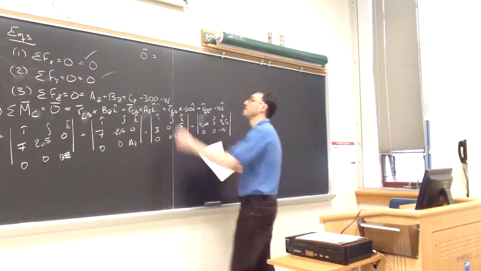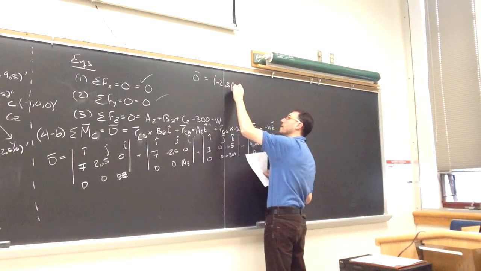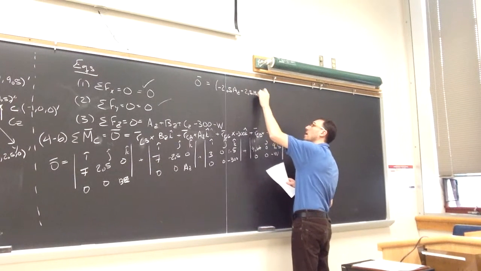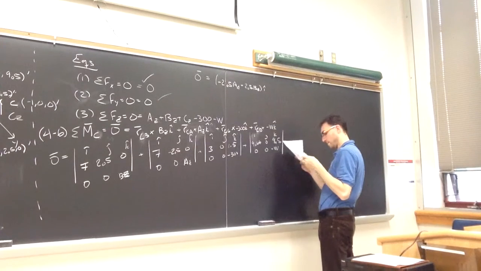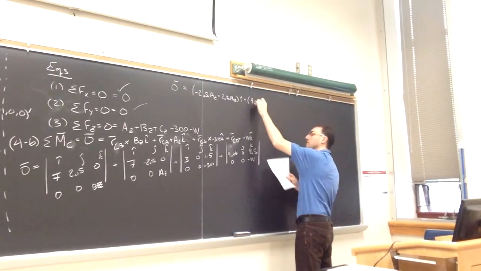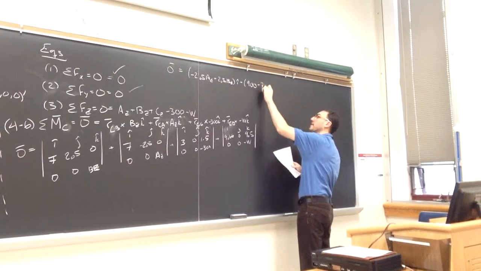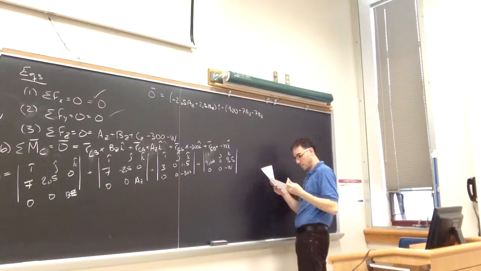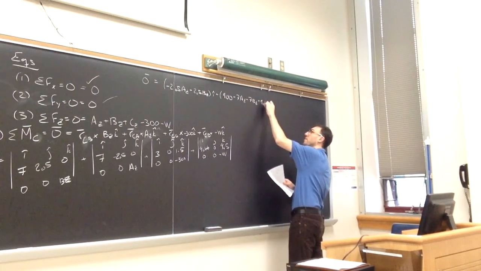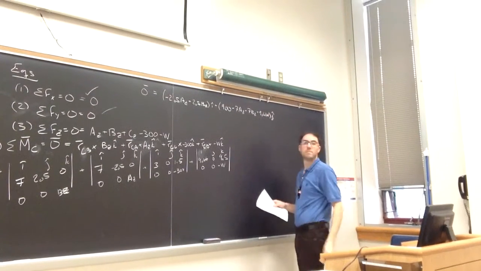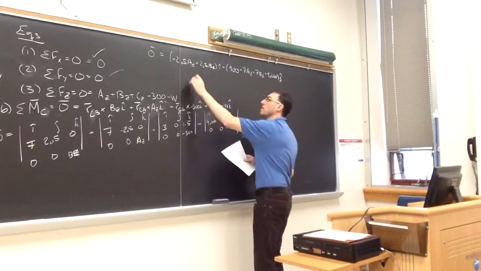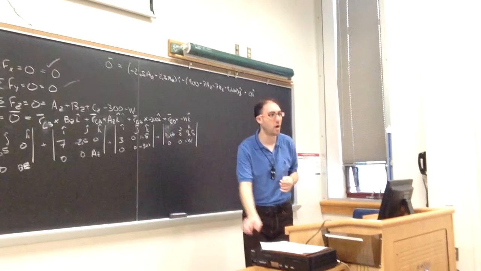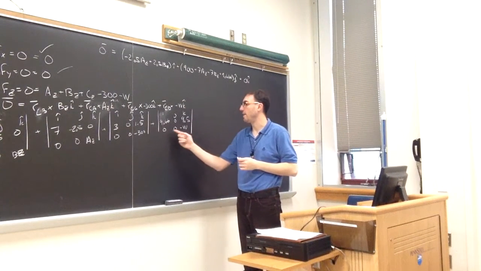Out of all of this, I'm going to get negative 2.5 AZ plus 2.5 BZ I hat, plus 900 minus 7 AZ minus 7 BZ plus 9.66 W J hat, plus 0 K hat.